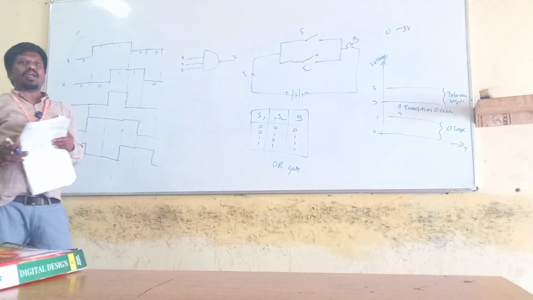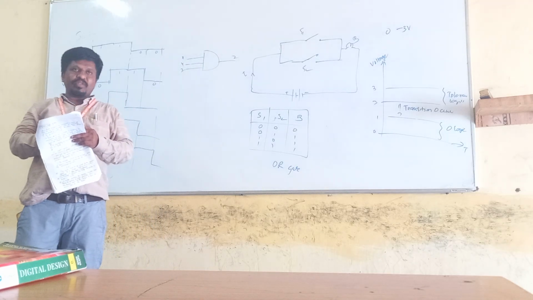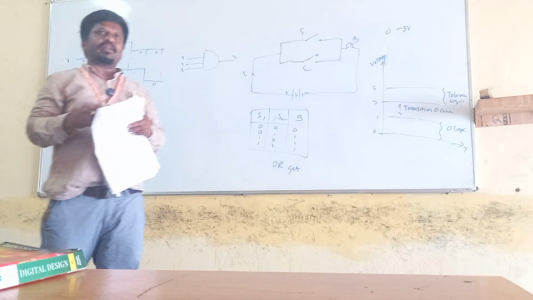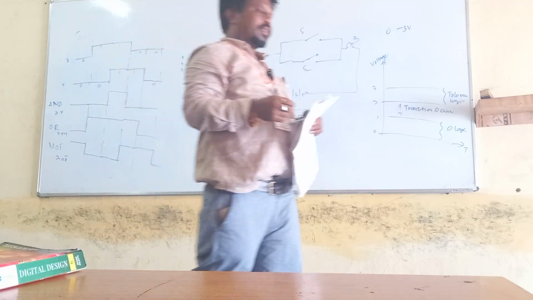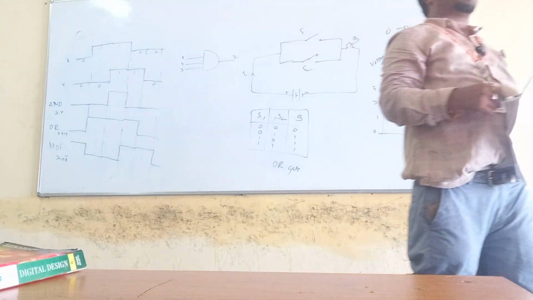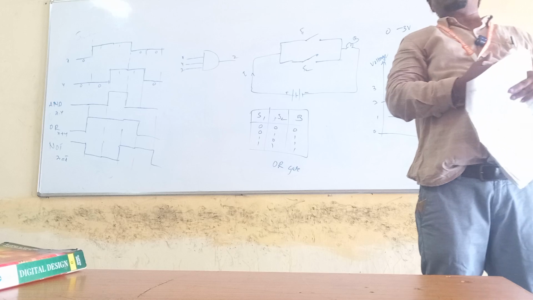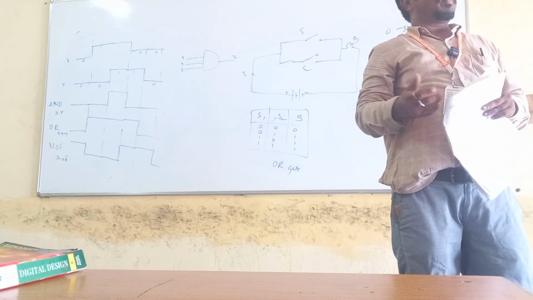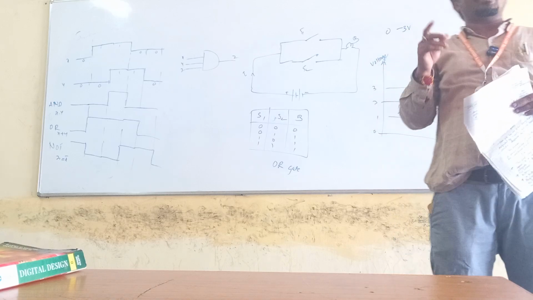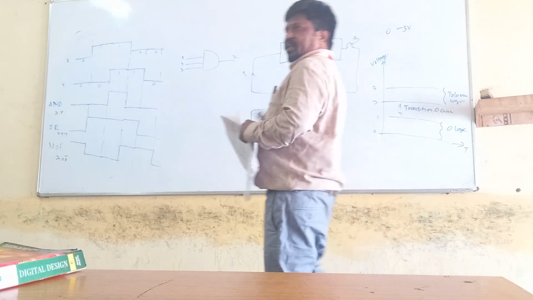In coming classes I'll sometimes use logic gates with three variables. Sometimes students get confused because they think logic gates have only two inputs, but logic gates can have three inputs also.